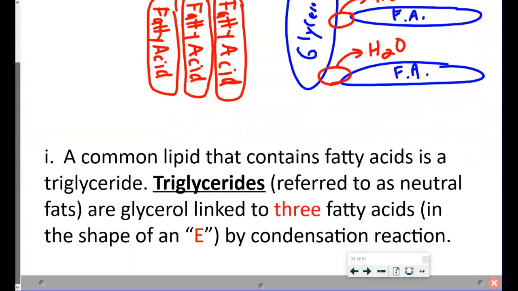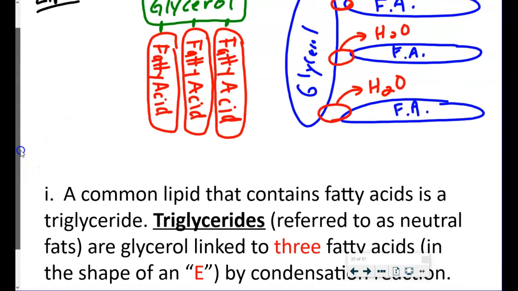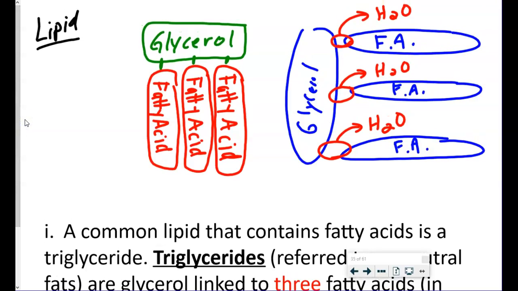This is called a triglyceride, because tri means 3, like a triangle. These lipids are pretty common. You probably have some floating around in your blood right now. This is one test that nurses do on people quite a bit. Medical labs, if you're going through a whole bunch of tests, maybe not as a teenager, but once you get older, in your 40s, they'll check your cholesterol and your hormone levels and a bunch of stuff.